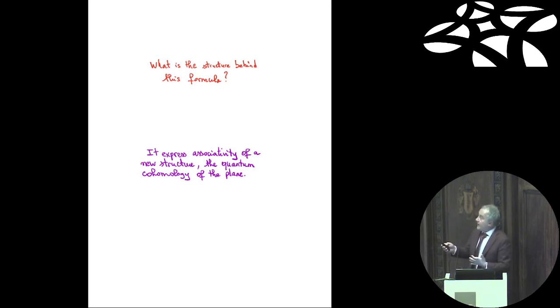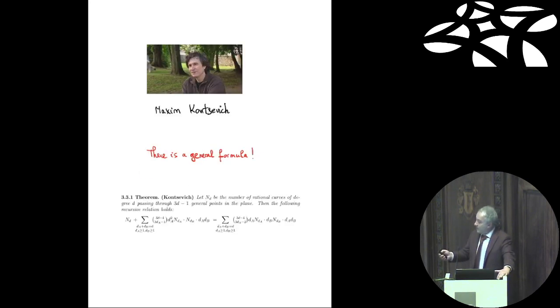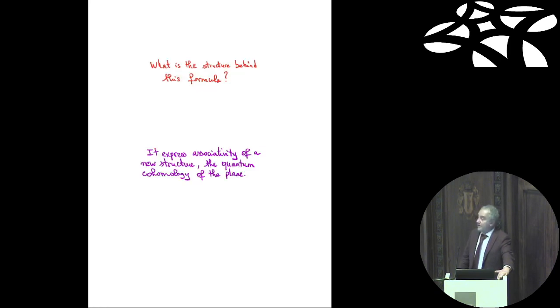And at the end of the game, you can explain everything in a conceptual way by introducing an algebraic structure, which of course I won't describe, but it has a nice name, quantum cohomology of the plane. I mean, it looks like some kind of James Bond movie. And there is a product on this, and it's associative. So you have a convincing explanation of why these numbers are computable and why they satisfy this quite weird formula. So I think it's the end of my talk.